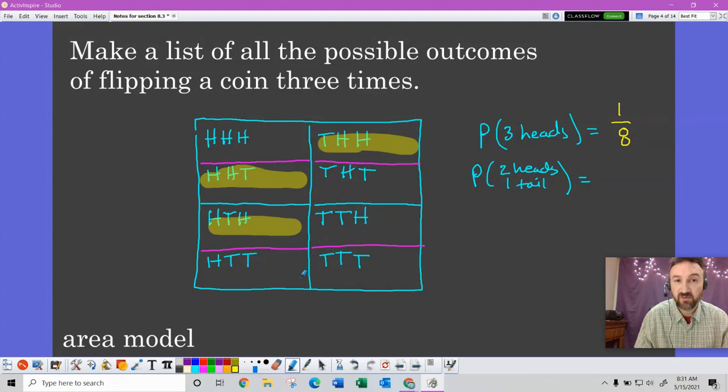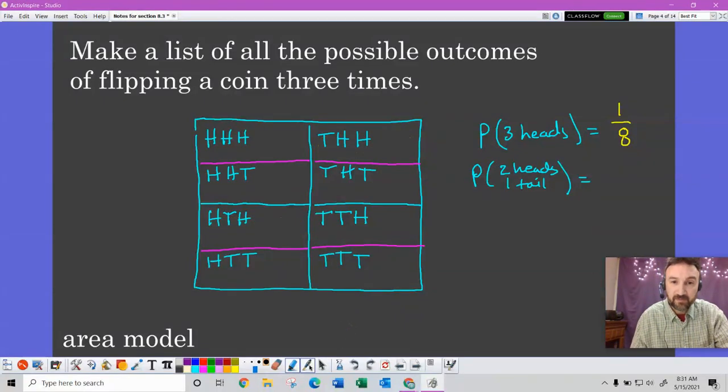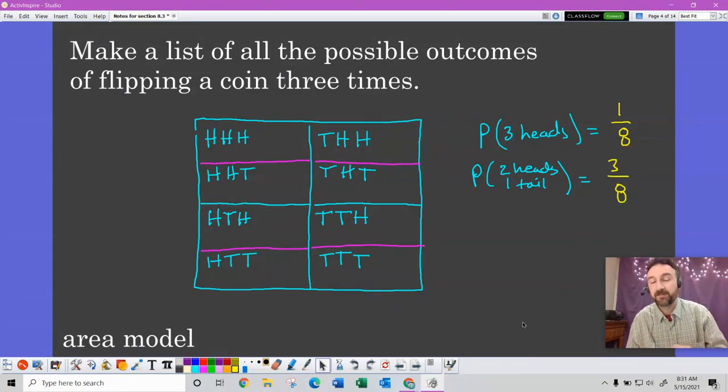This has 2 heads and 1 tail. I think that's it. So just those 3 areas. That comes to a 3 in 8 probability. If I'm going to be consistent, I want to try and keep those colors the same. So that's just a couple of examples.